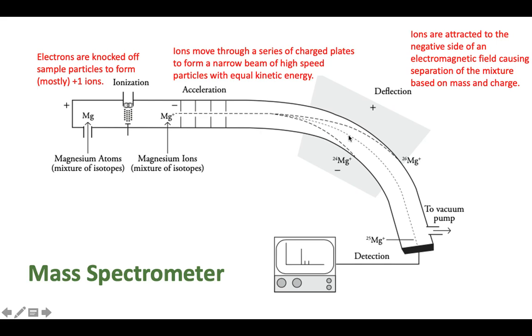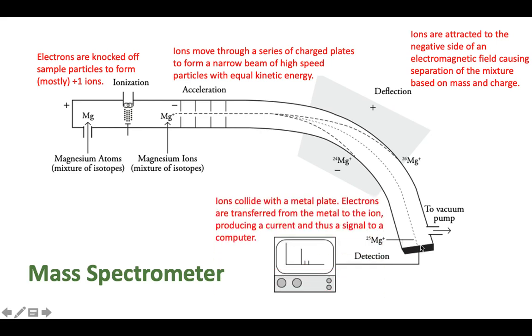They get attracted to the negative, so they get bent, and they get separated based on their mass and their charge. Eventually they get detected at the bottom, and then the computer will read it out. They'll collide with the metal plate, and then electrons are transferred from the metal to the ion, and then there's a current, and that's how you get the signal in the computer.